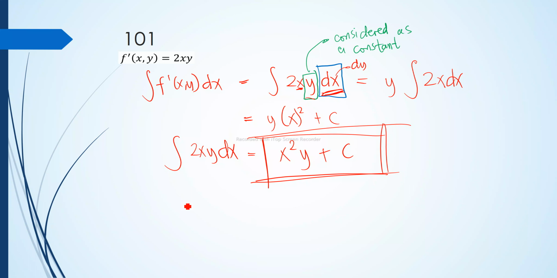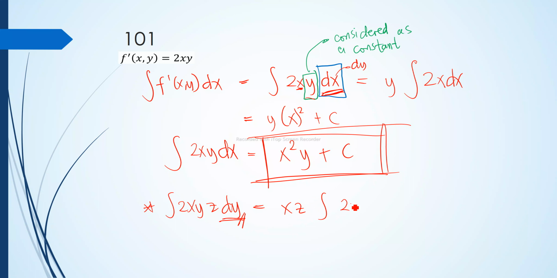For example, what if we were given the integral of 2xyz dy? Our variable of integration is with respect to y. Therefore, the other variables will be treated as constants. So x and z will be treated as constants and we just factor them out.